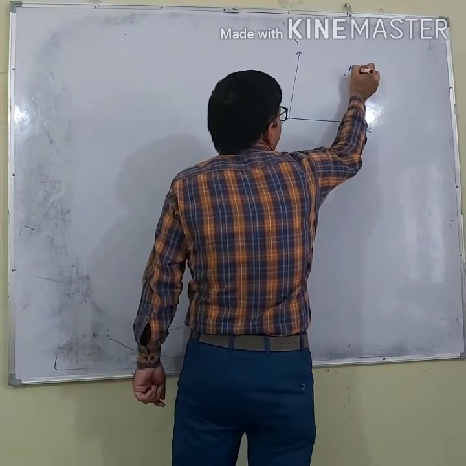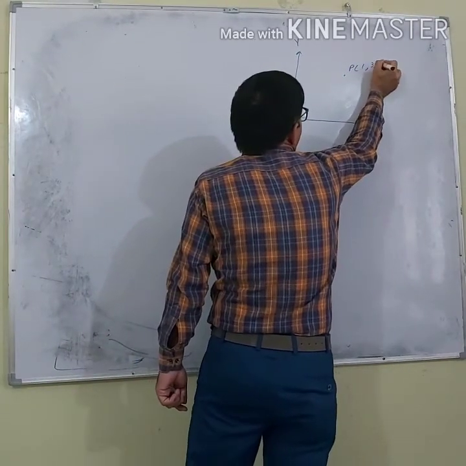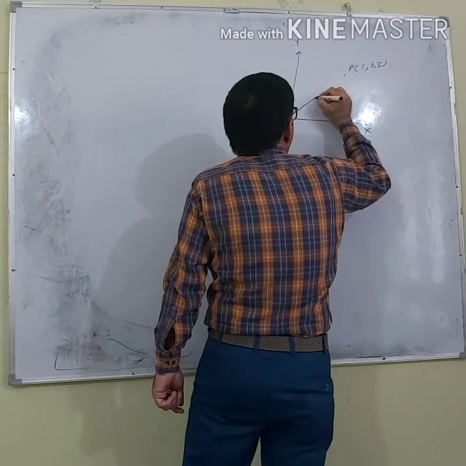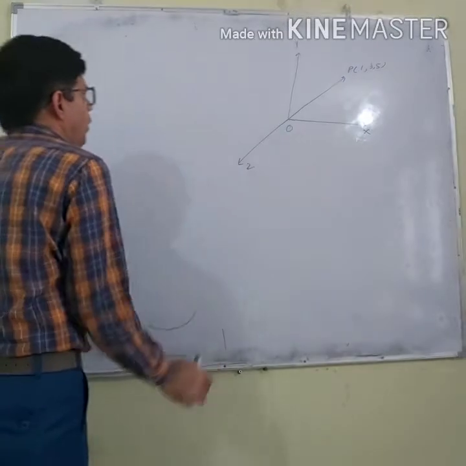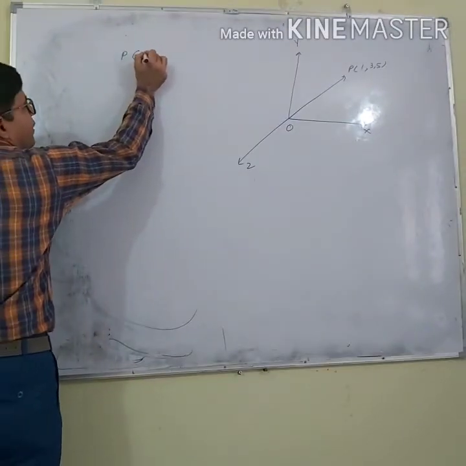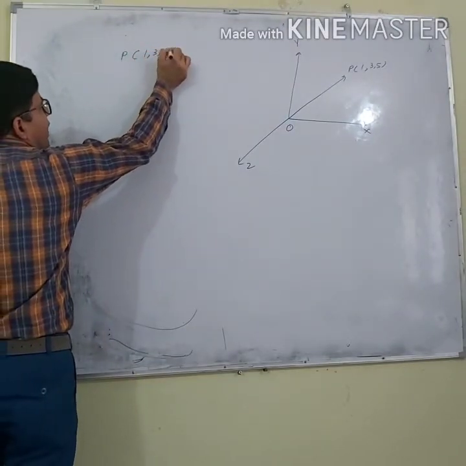I am given a point P (1, 3, 5), and this is point O. What I am given, P has coordinates 1, 3, 5.